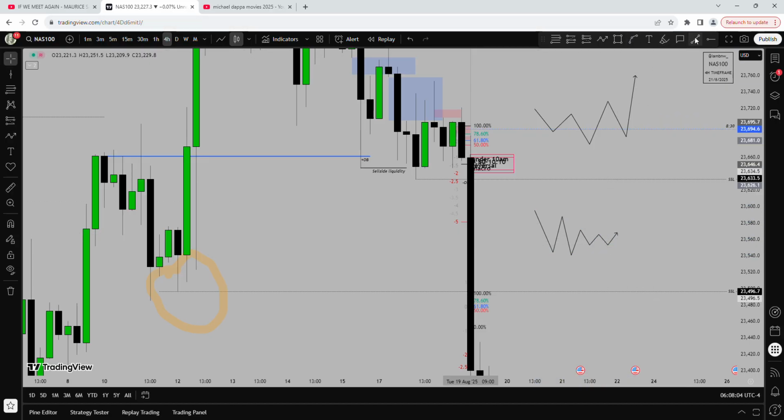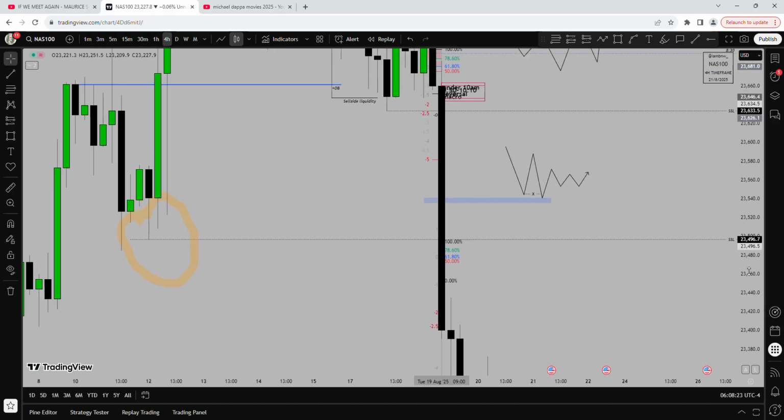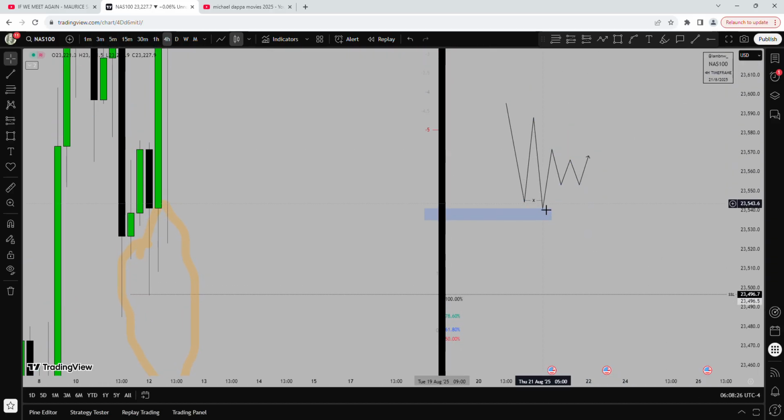This is a sweep of liquidity. Say this is a key level, and this is a sweep of liquidity.